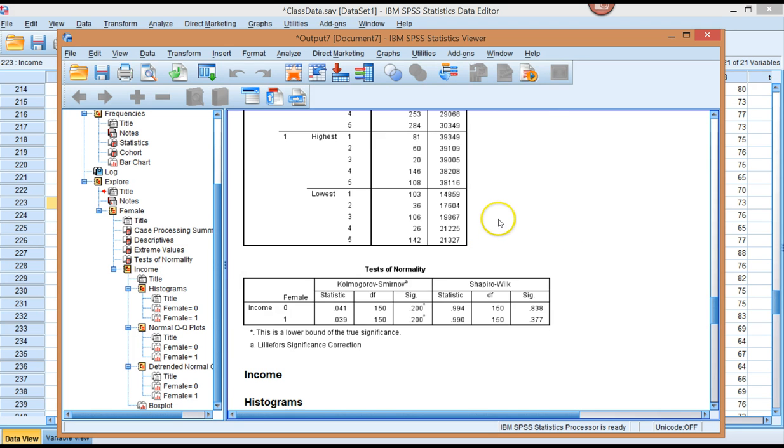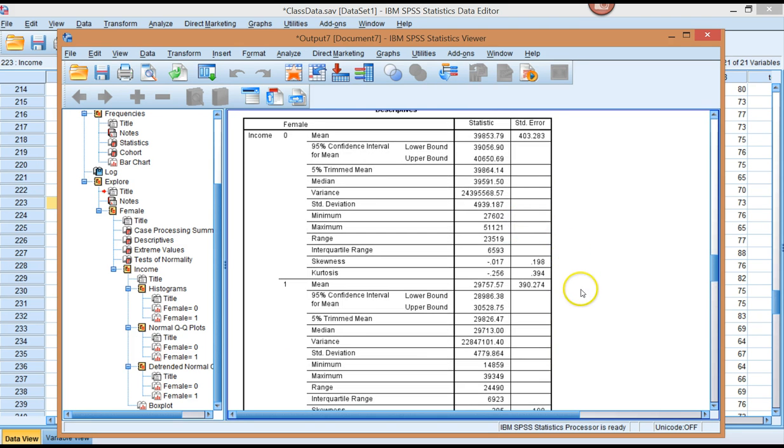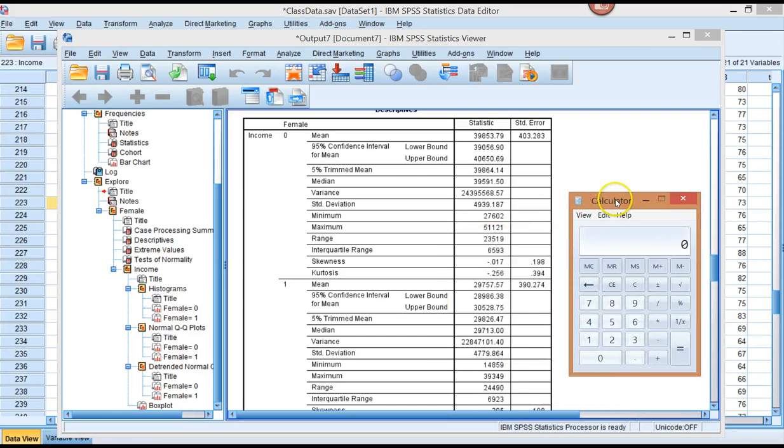And another thing that you could do, since you have standard errors, is you could do a test statistic, and that is simply, you could take the skewness value, which is the statistic here, divided by the standard error for the skewness.